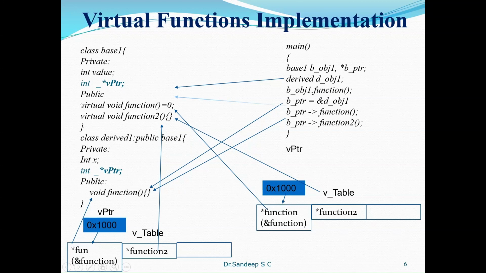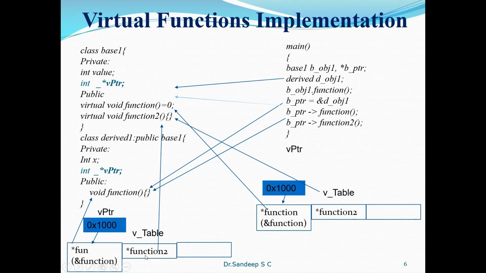If the virtual function of the base class is overridden in the derived class, then the virtual table will have the address of the function which is overriding the base class function, that is, the function defined in the derived class. And if the virtual function defined in the base class is not overridden in the derived class, then the virtual table will have the address of the base class virtual function itself.